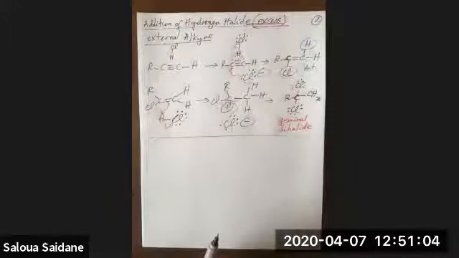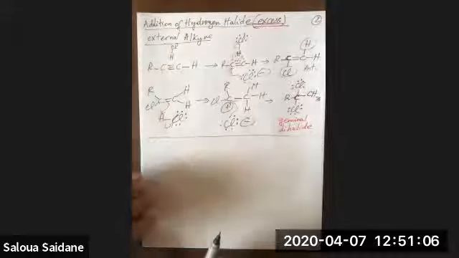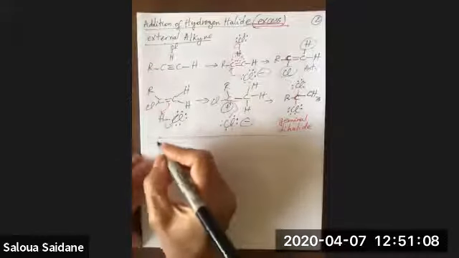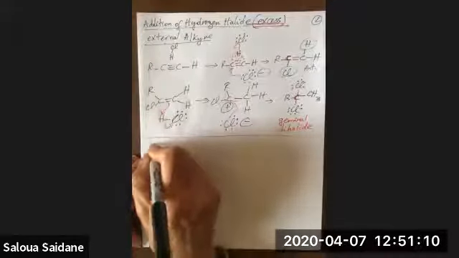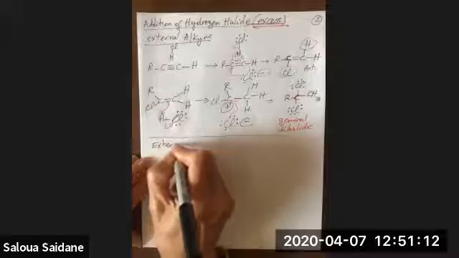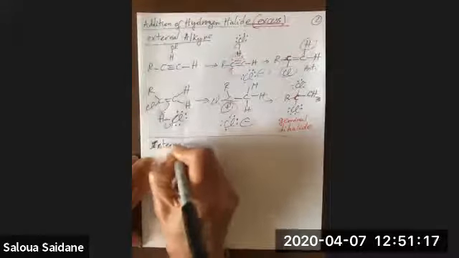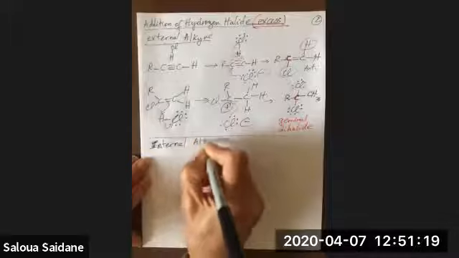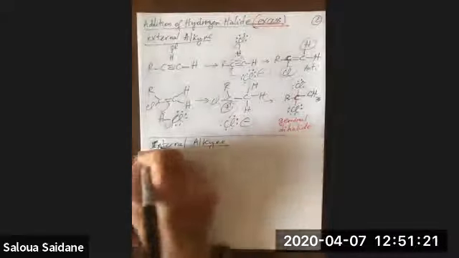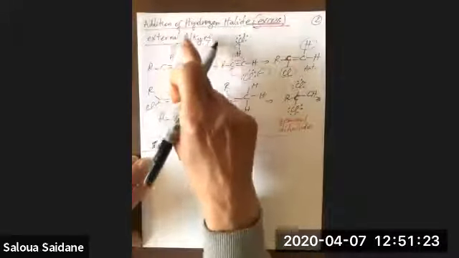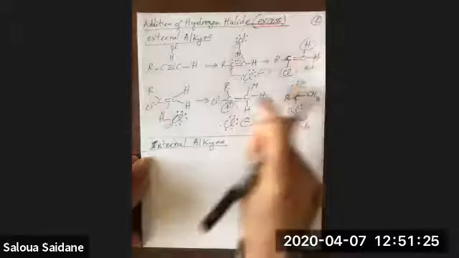Now let's try an internal alkyne, okay? Now you notice how here in the external we did the first part and then the second.